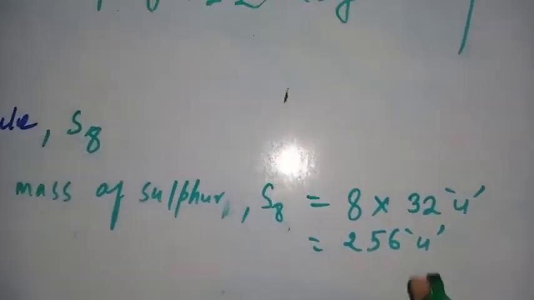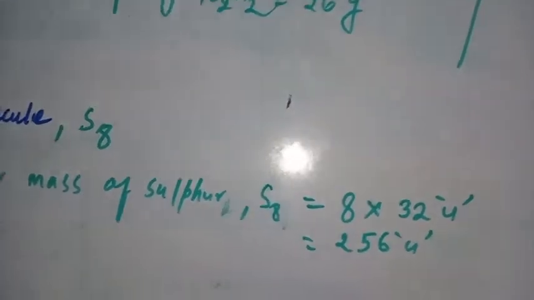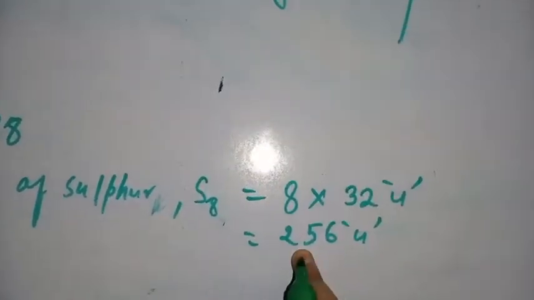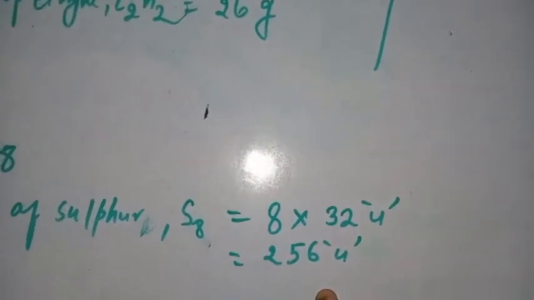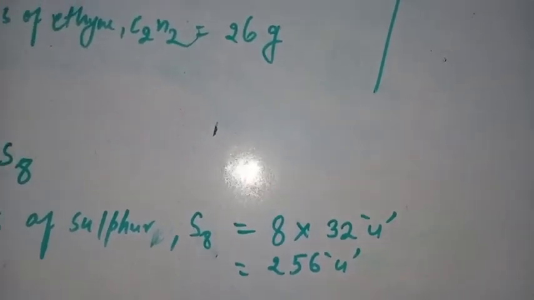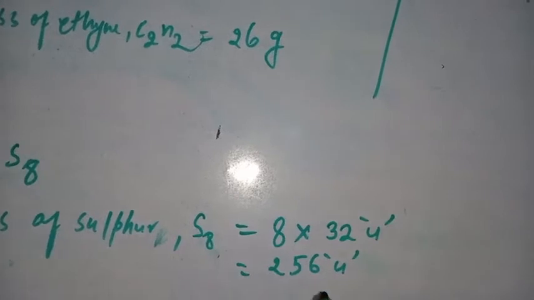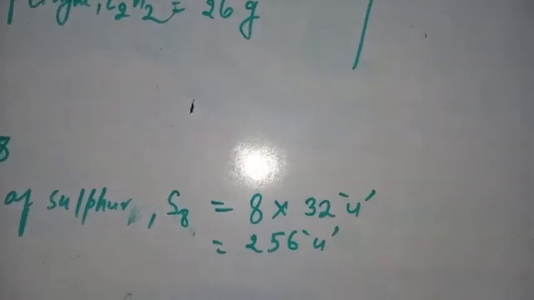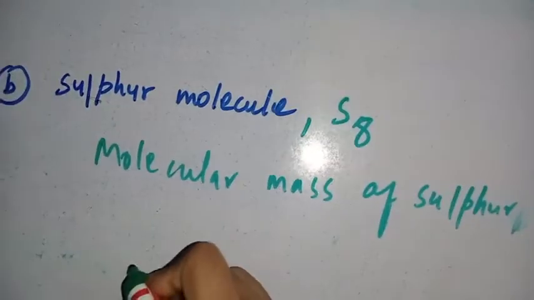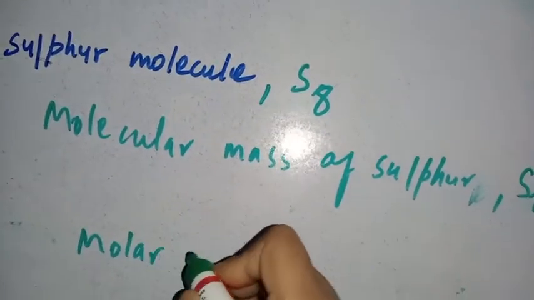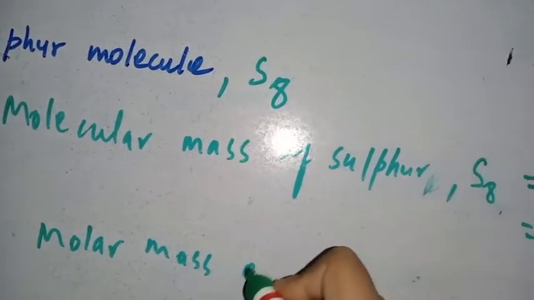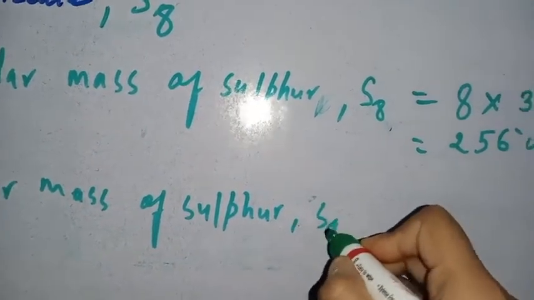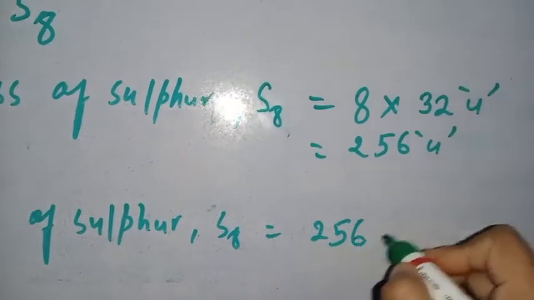So now we want to calculate molar mass. What you can do is, you can multiply this value with 6.022 into 10 to power 23 number of molecules of sulfur into 1.67 into 10 to power minus 24, and you will get molar mass of sulfur 256 gram.